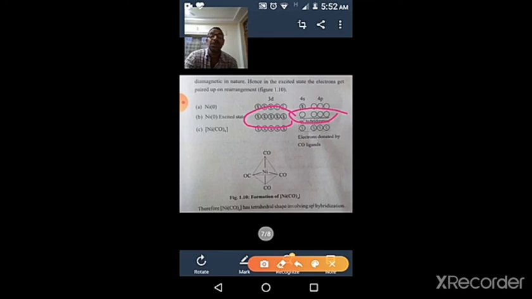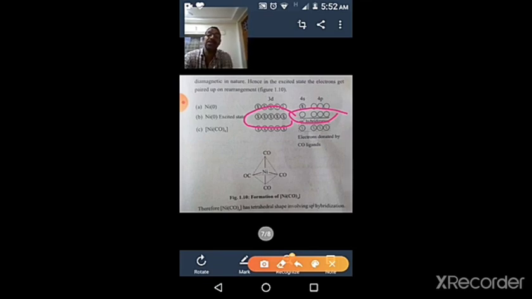These carbonyl groups act as neutral ligands. The lone electron pair of the carbonyl group overlaps with the vacant sp3 orbitals of nickel. So due to this overlapping, we expect four sigma bonds. So this is an explanation of tetracarbonyl nickel.